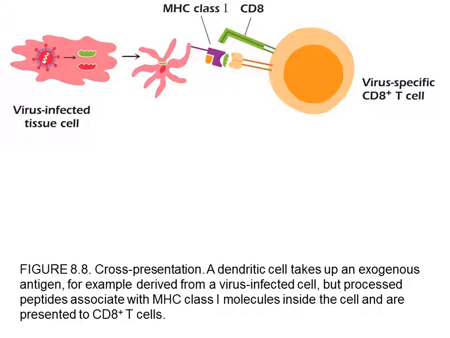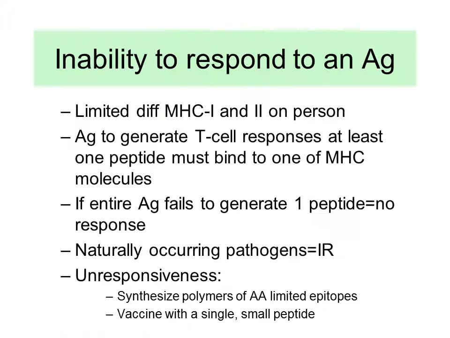Now the question will come, what happens if our cells are unable to present an antigen? That will be a disaster. That's where the problems come. Now, theoretically, this is easy, just like common sense. What makes your cell unable to respond to an antigen?